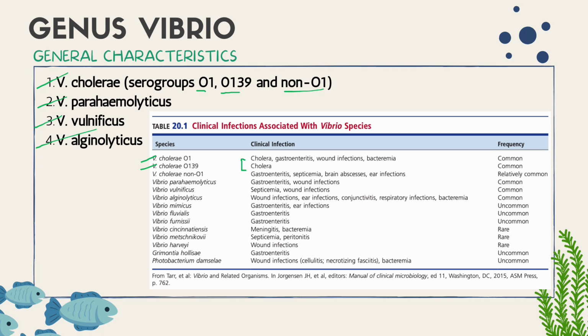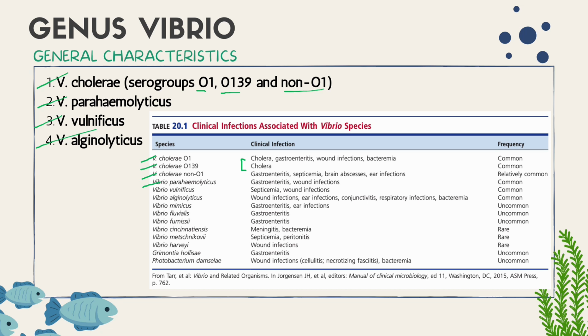For Vibrio cholerae non-O1, usually gastroenteritis, septicemia, brain abscess, or other extraintestinal infection. For Vibrio parahaemolyticus, most of the time, their disease would be gastroenteritis as well, and extraintestinal infections such as wound infections.